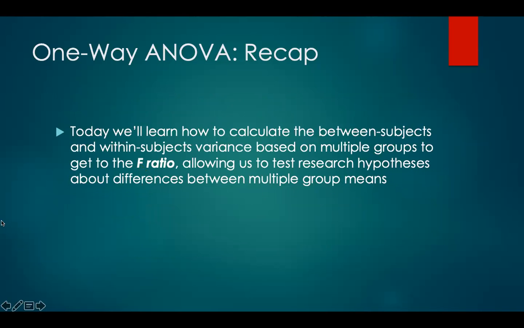So today we'll learn how to calculate the between subjects and within subjects variance based on multiple groups to get this F ratio, allowing us to test a research hypothesis about differences between multiple group means. And by multiple, I mean more than 2.